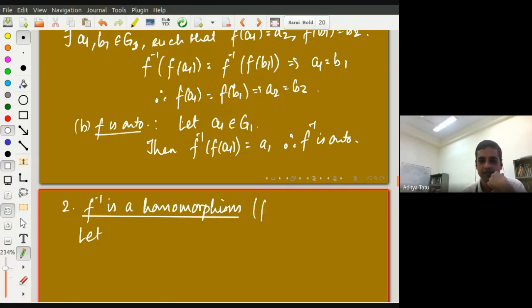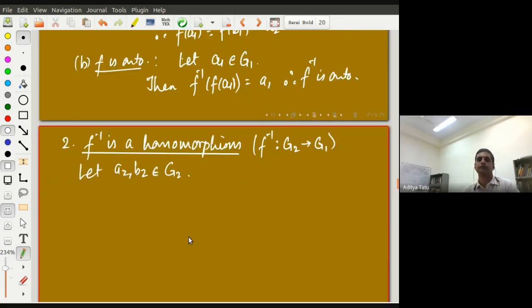Let me write this to be clear. Let A2, B2 belong to G2. How do we show that F inverse is a homomorphism? What is F inverse A2 times F inverse B2?